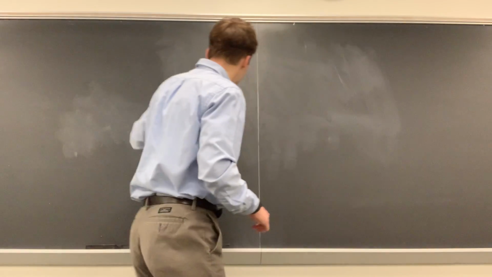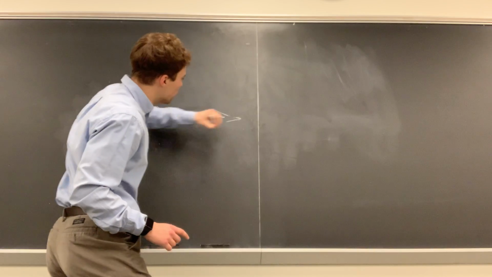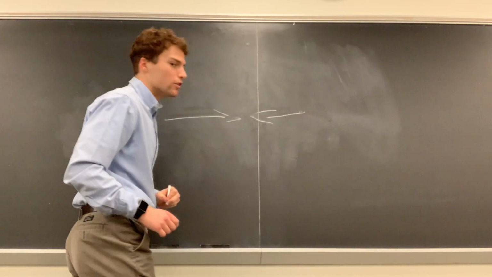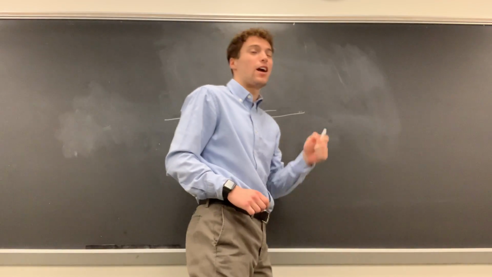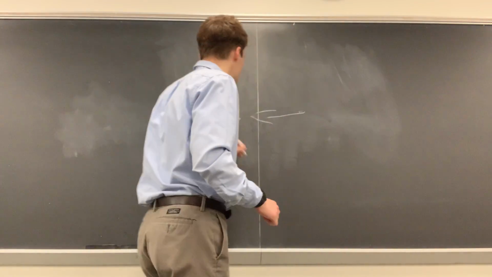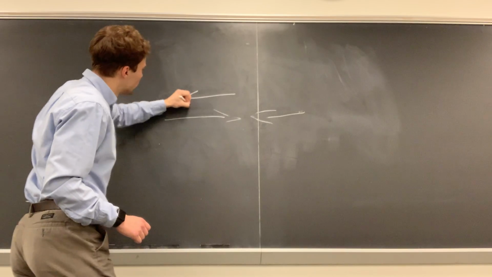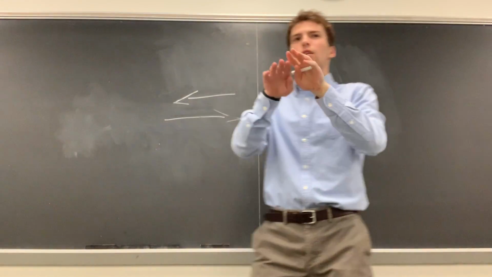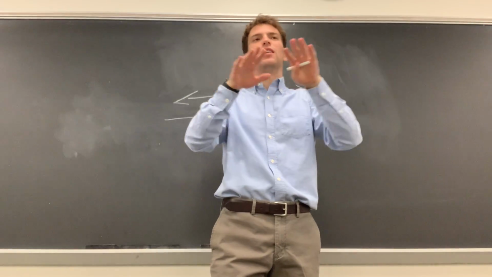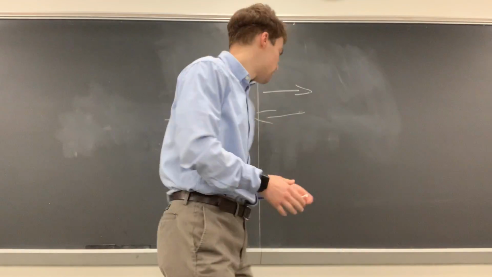Convergent boundaries were when we saw the plates move towards each other. That was convergent. Now we're learning the opposite, divergent. Divergent, you can see the plates move away from each other. They're moving in opposite directions.